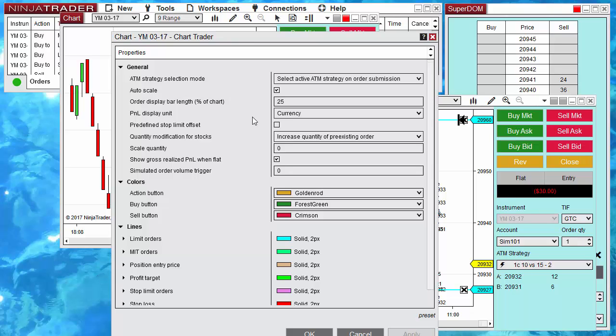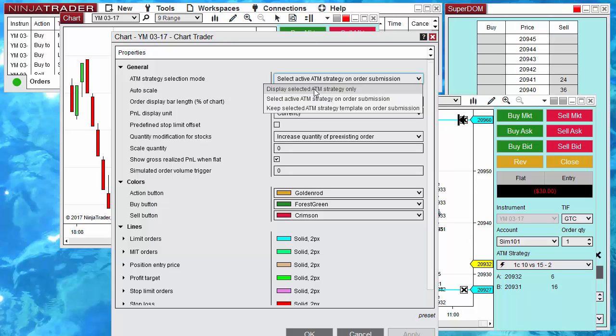This is what happened on our first example. When we send an order, this ATM is automatically selected, so we can add more orders to that ATM. Another option is to keep selected the ATM, so each time we send an order, we start a new ATM. This is what we did on the second chart.